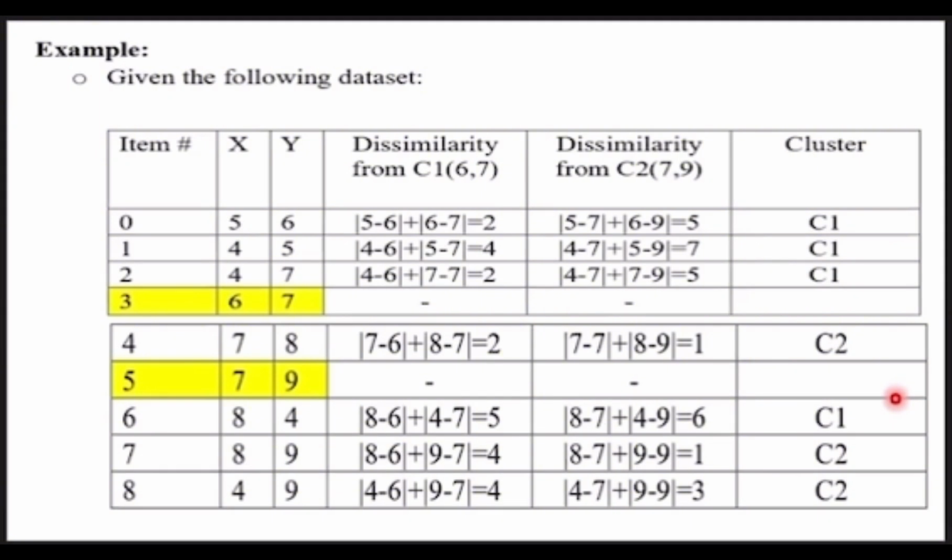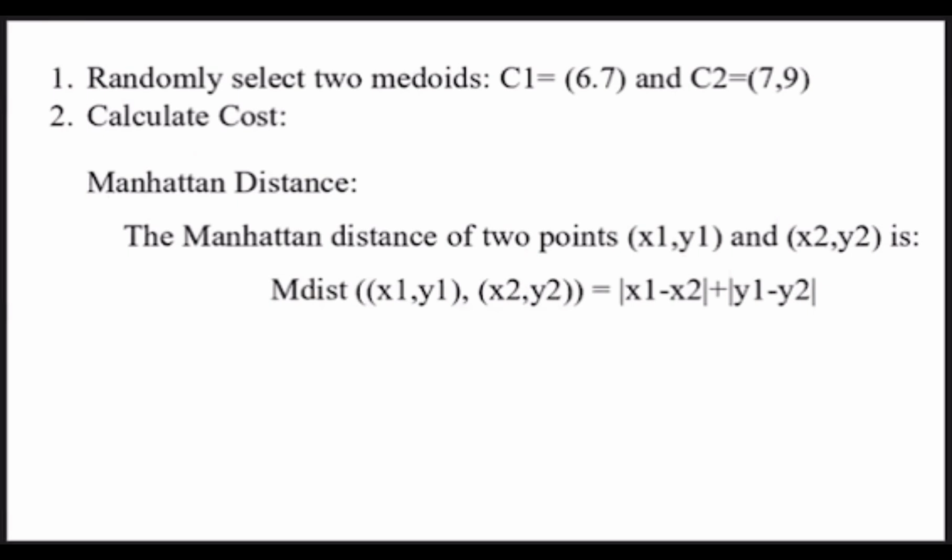Now, when you take a look at this, we need to update. If I want to update, I need to first calculate the total cost. I want to find the total cost for C1 and the total cost for C2, and this is the formula if I want to do that.